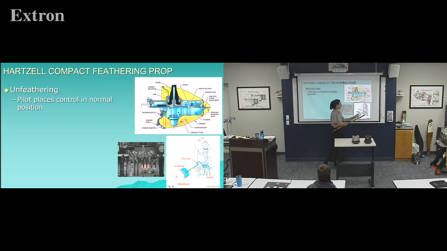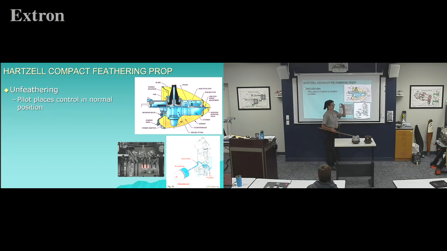It's with this check valve. It's going to allow oil to flow to a certain pressure. It's using the engine oil, flowing through the governor, accumulator, and prop in series. Yes, keeping that pressure in there.